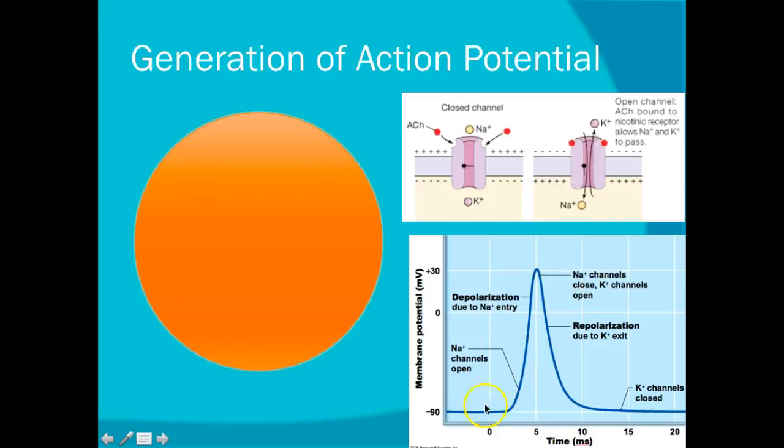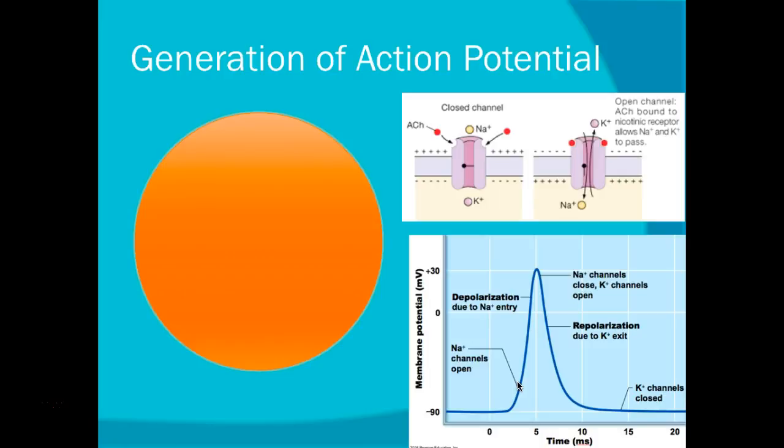Now, we're at this point here. We're going to start to get more of a positive state inside the cell. So now we're going to have our sodium channels, the voltage gated ones, opening up. And what I mean by voltage gated channels is that when the voltage is changing inside the cell, becoming more positive, that's when those channels open up and let the sodium pour on into the cell.